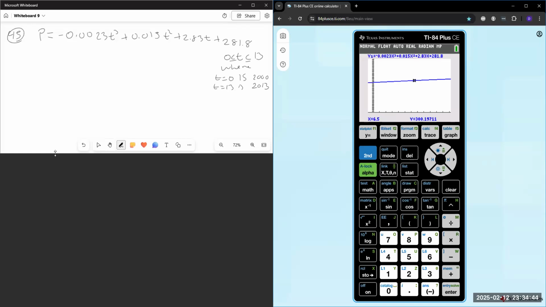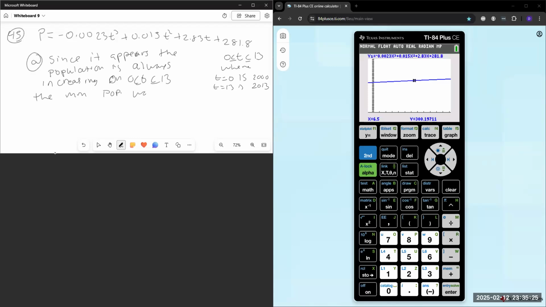So that would tell me that my conjecture is that since it appears the population is always increasing on t between 0 and 13, the minimum population would be P of 0, and the maximum population would be P of 13.